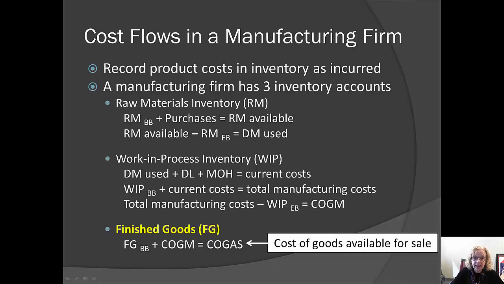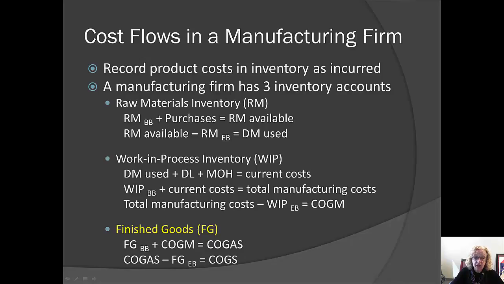So how do we know what we did sell? We take the dollar value of our cost of goods available for sale minus the dollar value of all of the goods that we didn't sell because they're still in the warehouse, which must equal cost of goods sold, the dollar value of all of the goods that we did sell.